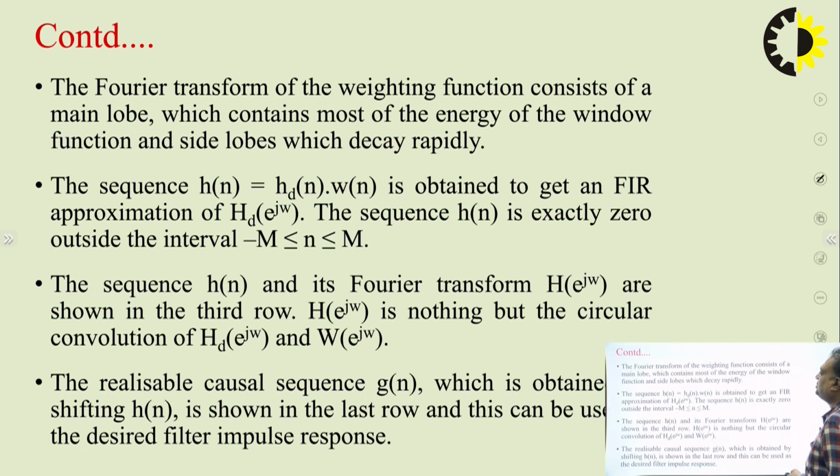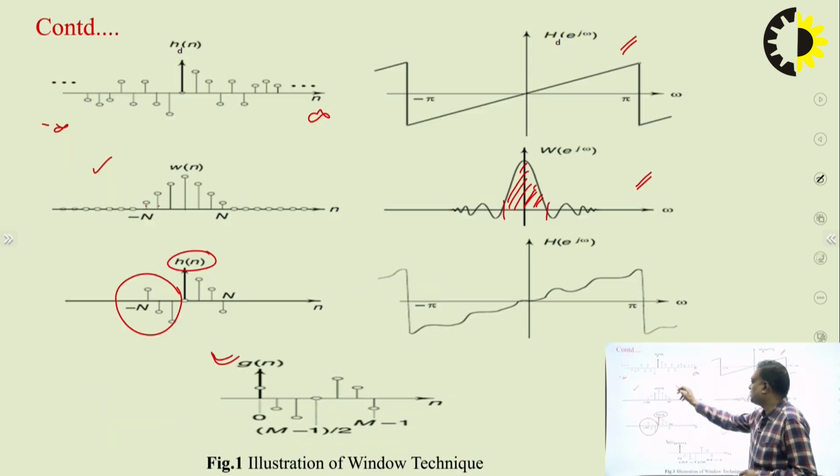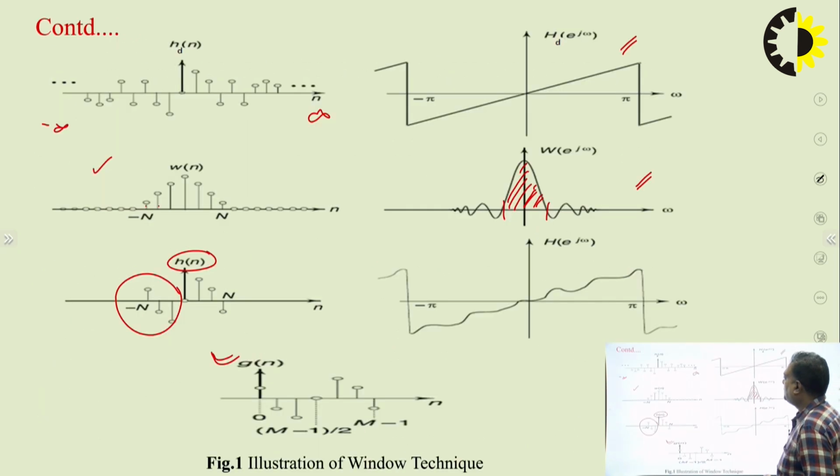This sequence h[n] equals hd[n] into w[n] is obtained to get an FIR approximation of H(e^jω). The sequence h[n] is exactly 0 outside the interval minus M to M. So here we can see this is basically 0 outside this interval, and the sequence h[n] and its Fourier transform H(e^jω) are shown in the third row. H(e^jω) is nothing but the circular convolution of Hd(e^jω) and W(e^jω).